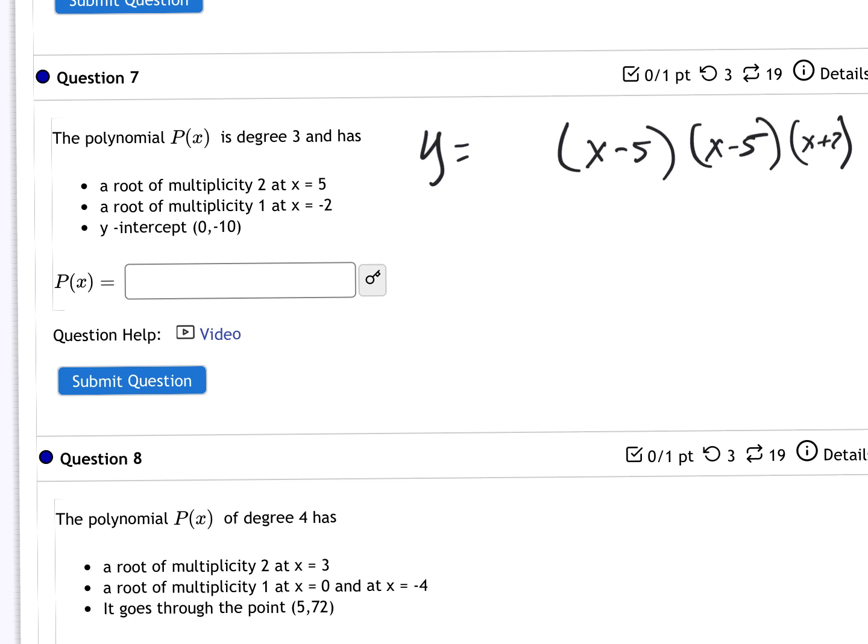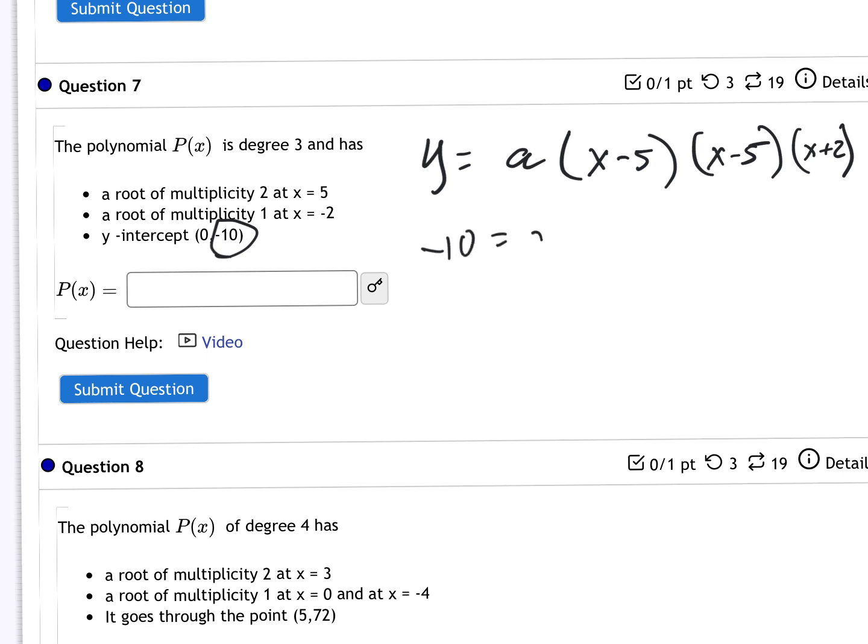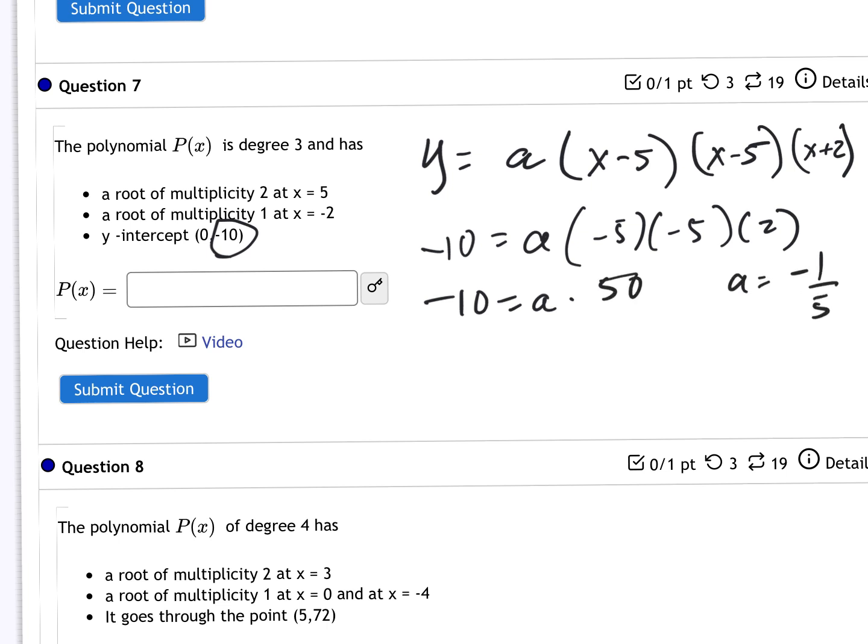And then you have 0, negative 10. So negative 10 equals a times negative 5 times negative 5 times 2. A equals negative 1/5.